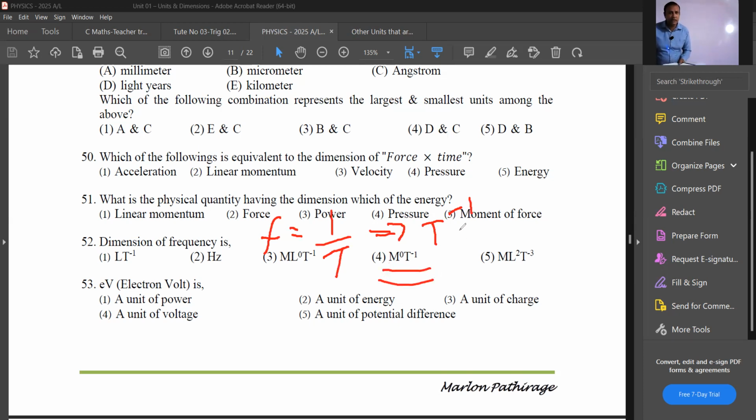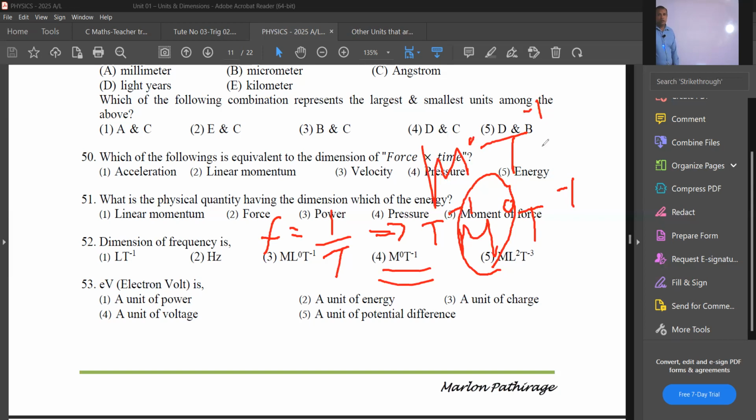Answer number 4 is M to the power 0, T to the power minus 1. M to the power 0 means it is equal to 1, so there is no M here. So M to the power 0 into T minus 1 is actually T minus 1.